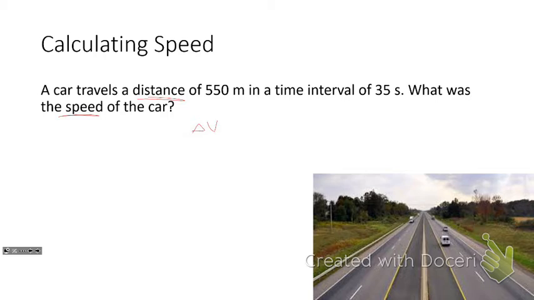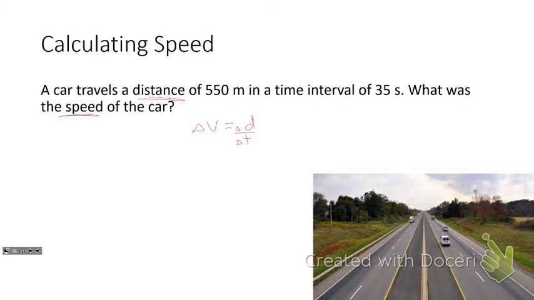I'm honestly not too concerned if you just go in and write v is equal to delta d over delta t. If you want to be perfect, you can totally include the vector hats, but it's not necessary. But you still need to know the difference between vector and scalar.